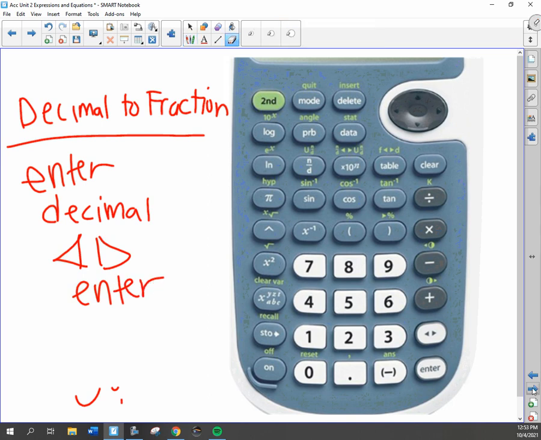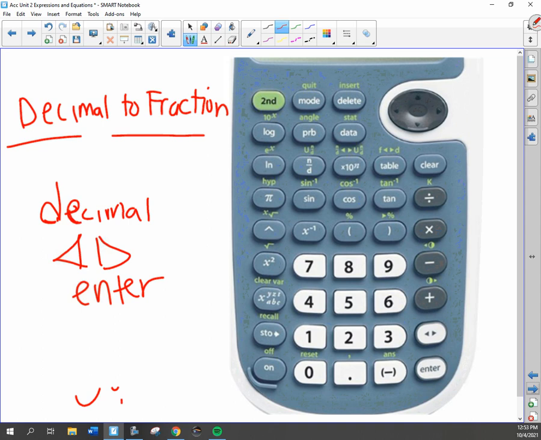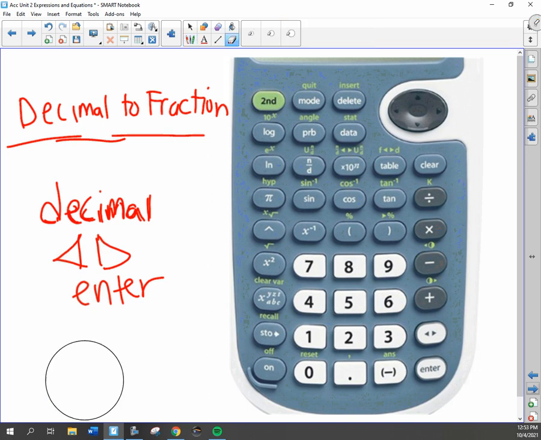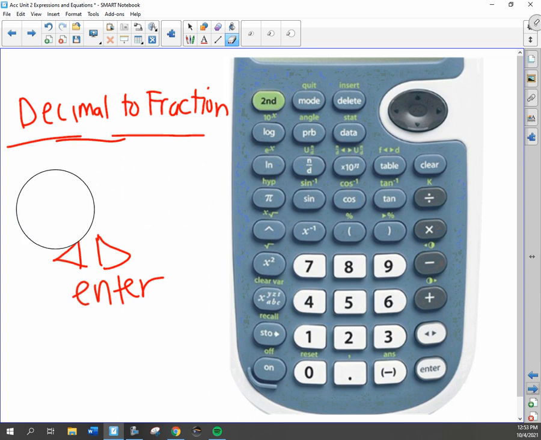Like I said, I don't want to put enter twice, right? So just put the decimal in your calculator. My apologies for the sloppiness. Decimal, 2 arrows, enter. That's it. Write that down to change a decimal to a fraction. Okay, and the great thing about a calculator, if you do this, it'll always simplify your fractions for you.